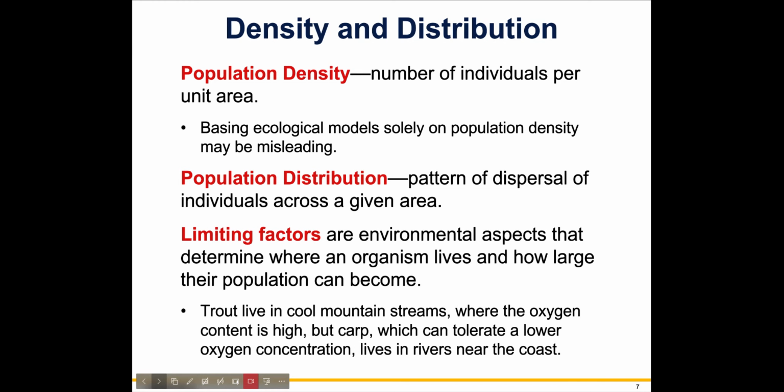Then there is a different fish called a carp that can tolerate lower oxygen. So it can just live in rivers where the water's not moving very fast, near the coast. That would be an idea of a limiting factor. It's something that prevents, or tells us where certain living things want to be in an ecosystem.